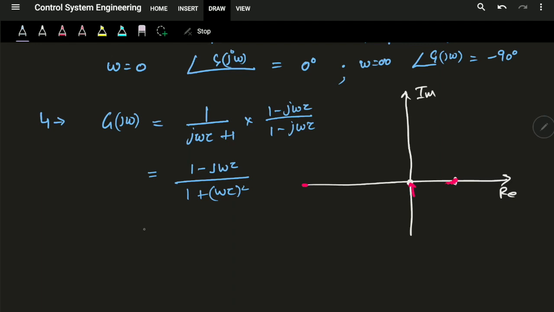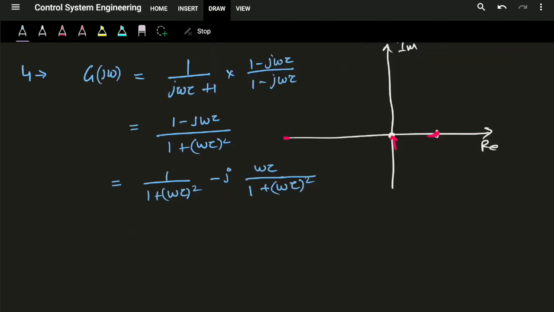Solving for the real and imaginary parts, the real part is 1 over (1 plus omega tau whole square) and the imaginary part is minus omega tau over (1 plus omega tau whole square).